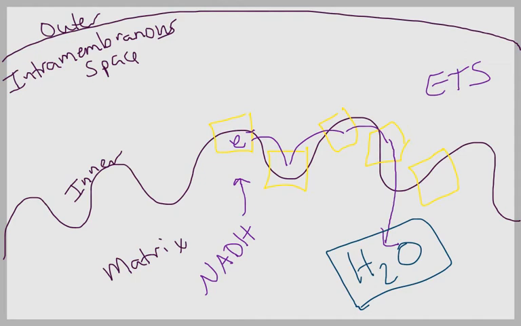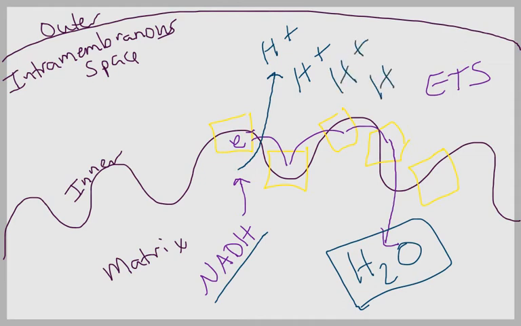The hydrogen proton is going to be pumped across that inner membrane into the intramembranous space, and after a while, with all of these NADH and the FADH2 bringing the hydrogen over to this electron transport system in the inner membrane, pretty soon we start to build up a high concentration of hydrogen in this space.